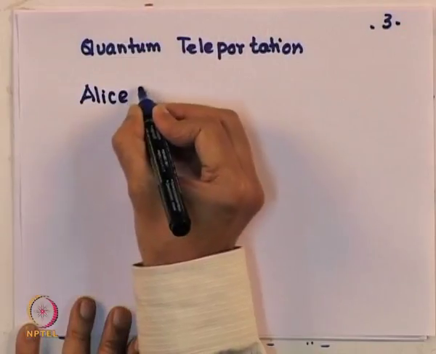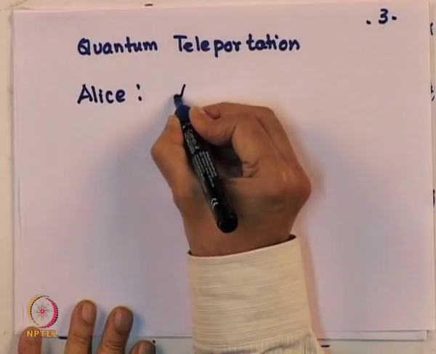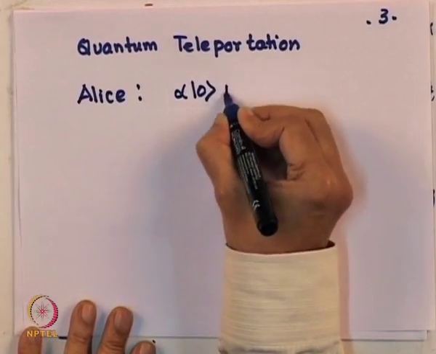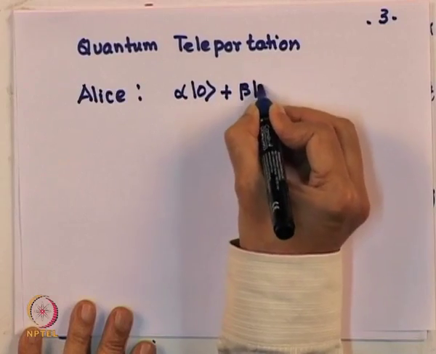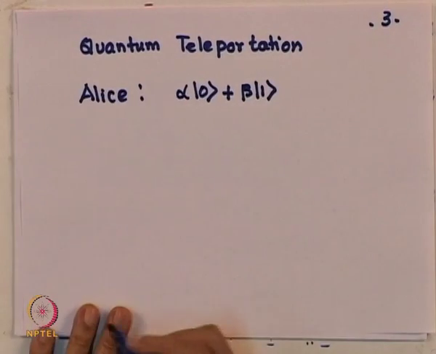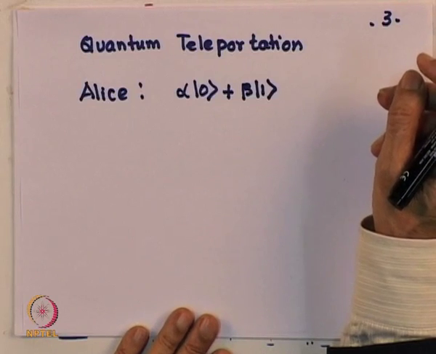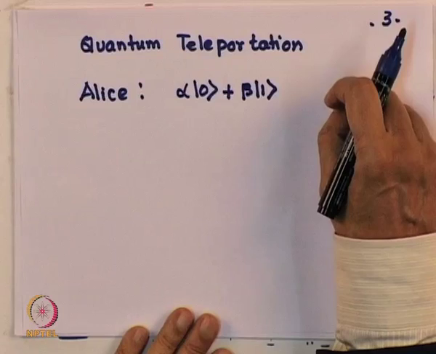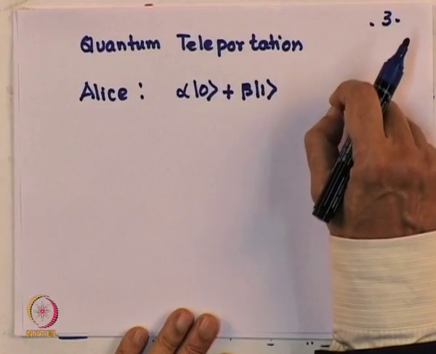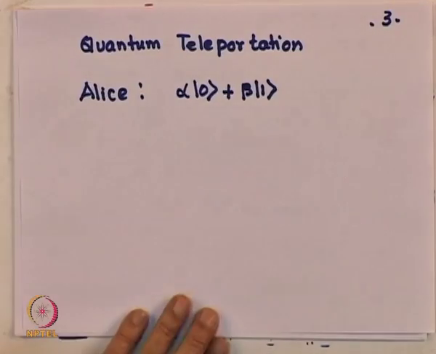Now, Alice has a state alpha 0 plus beta 1, and this is the state which she wants to send to Bob, and Bob could be anywhere. So Bob is not at the same place, so Alice cannot simply hand it over.